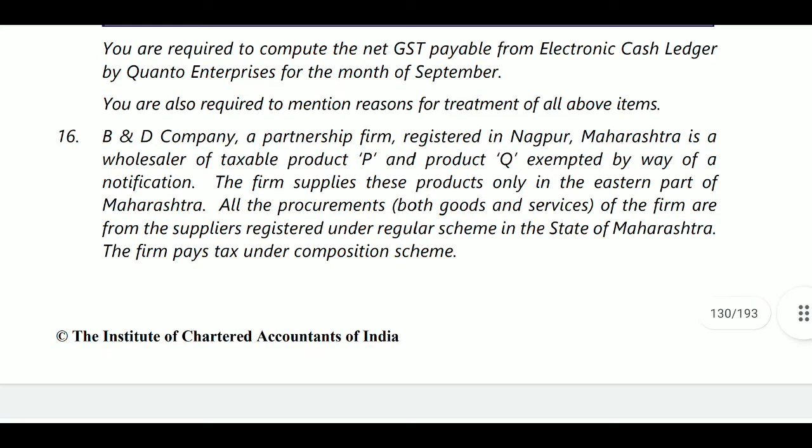Nagpur, Maharashtra. I think Maharashtra is not in the special category states. Special category states exclude Himachal Pradesh, Assam, Jammu and Kashmir; it is a northern and eastern state issue. Maharashtra is not a special category state, so its turnover limit will be 1.5 crores.